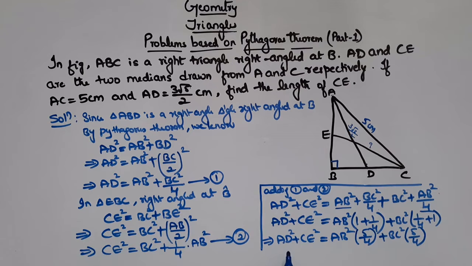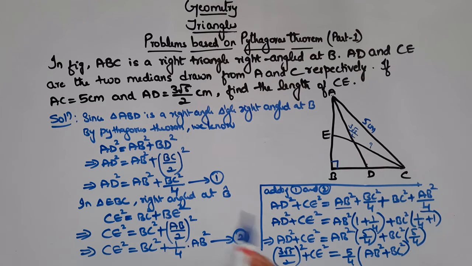So now let's substitute the values. We know AD is 3 root 5 by 2, the whole square, plus CE square, which we don't know, is equal to 5 by 4 outside, times AB square plus BC square. Let me erase this part and simplify further. But before that, pause the video and note this down.